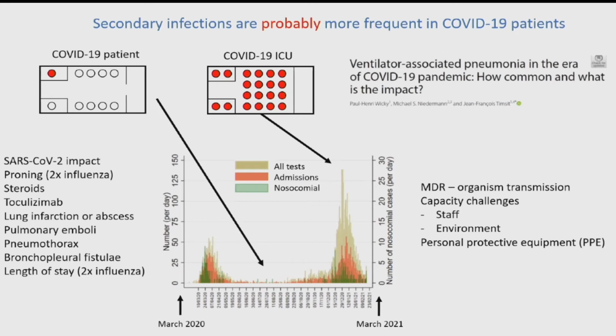So this results in increased MDR organism transmission and decreased capacity of the staff; the environment is not adequate for giving proper care. And obviously with the PPE, it becomes very difficult.